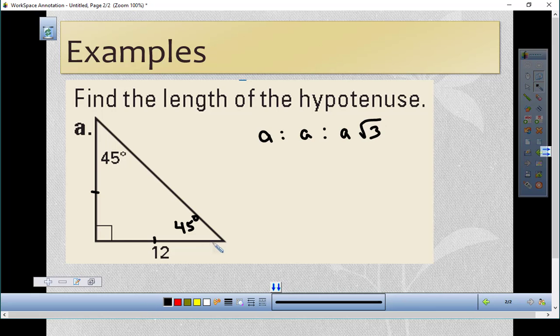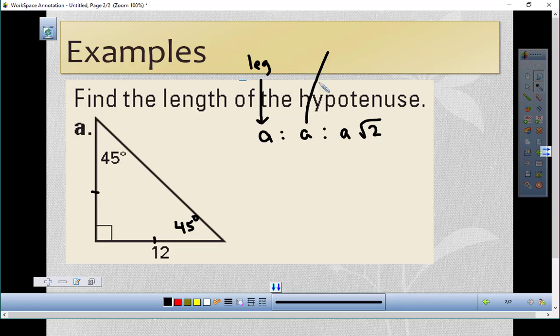Those are the ratios. Whatever this side is, this side's the same. That's referring to these 2 legs. And then the hypotenuse is a, what did I put here? That's supposed to be square root 2. My goodness. Square root 2. These are ratios. So this here is referring to the leg.